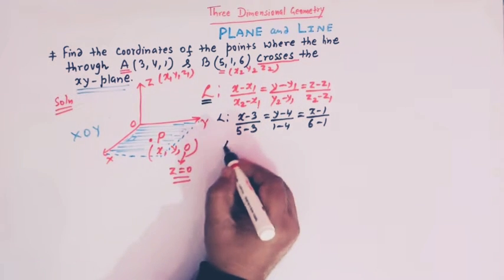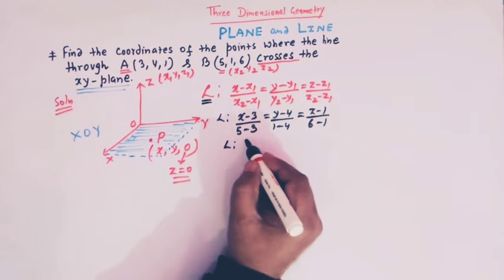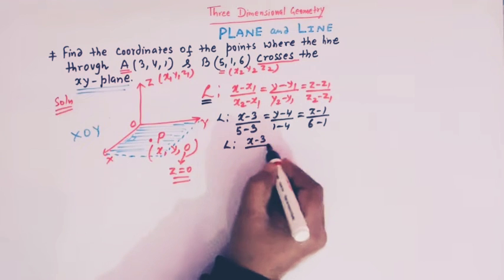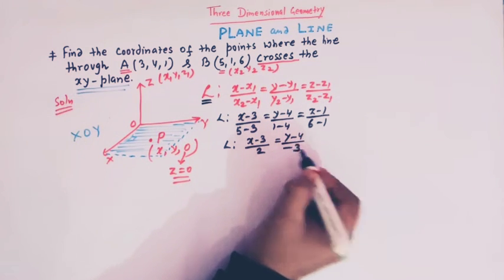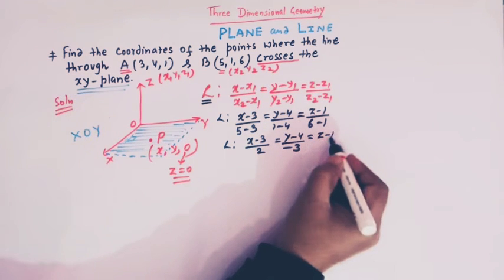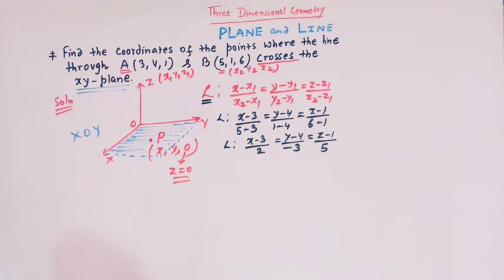So now we have the equation of the line as (x minus 3) over 2, (y minus 4) over minus 3, and (z minus 1) over 5. So this is the equation of the line.